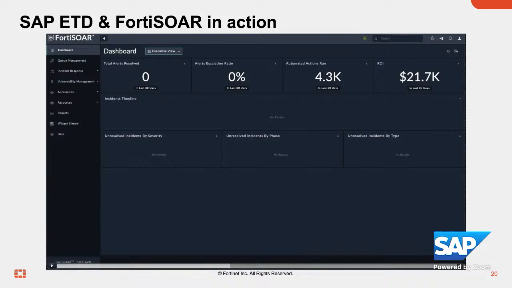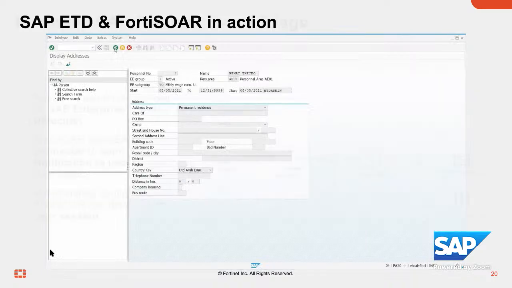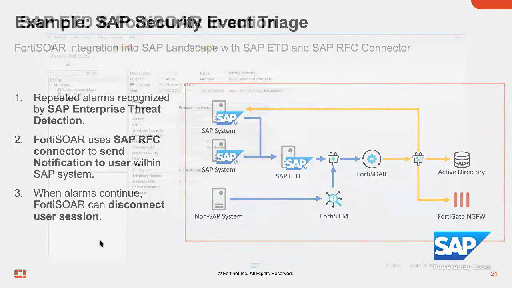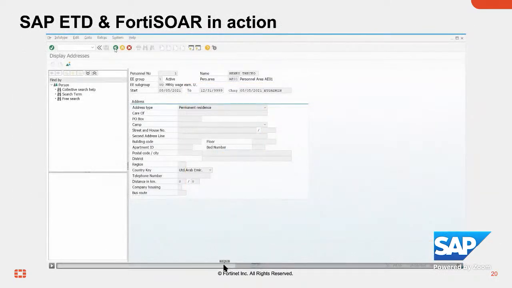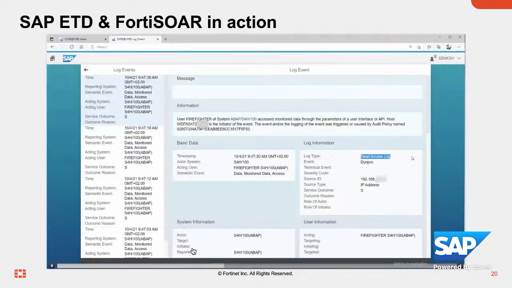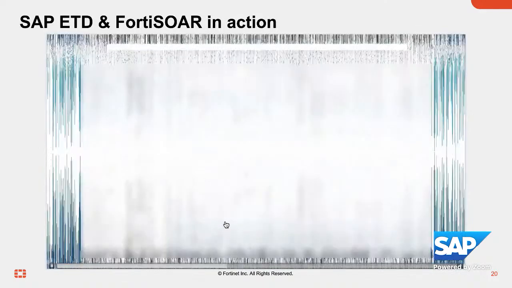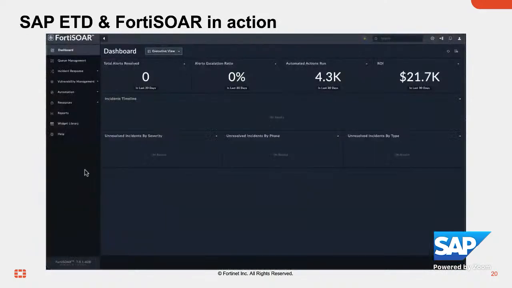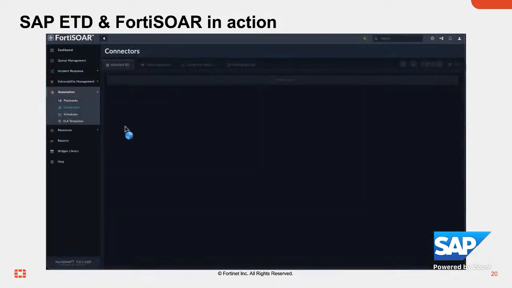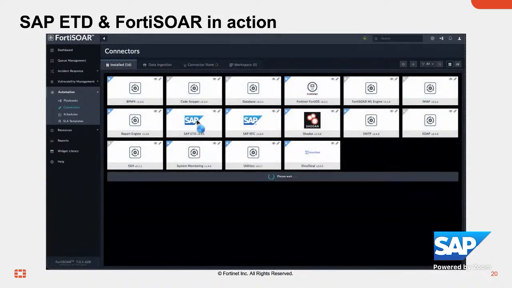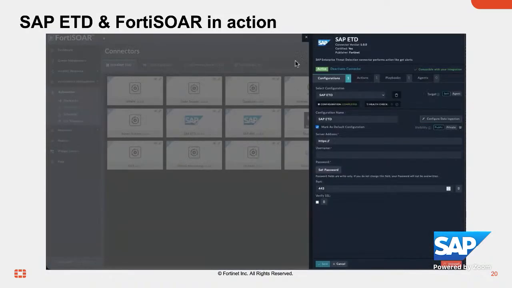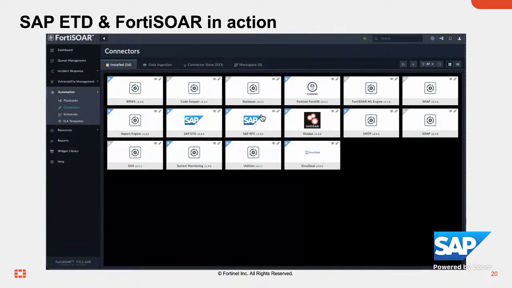So back in the network operations security team, we are in FortiSOAR. And what happens now within FortiSOAR? Just quite simple. Within FortiSOAR, we have these 2 connectors Matthias already talked to you about. First of all, we have the SAP ETD connector, which allows us to parse information from SAP ETD, in this case the alerts and events, into FortiSOAR.